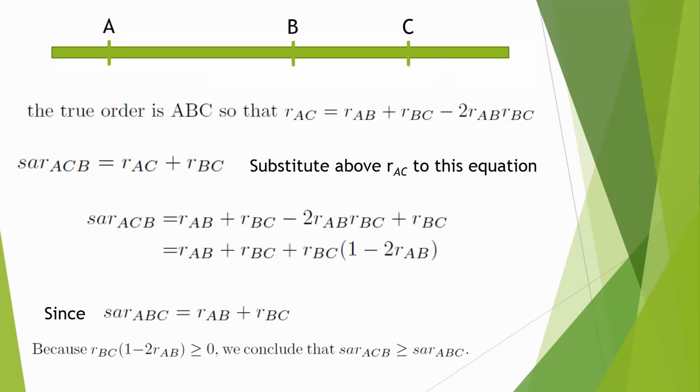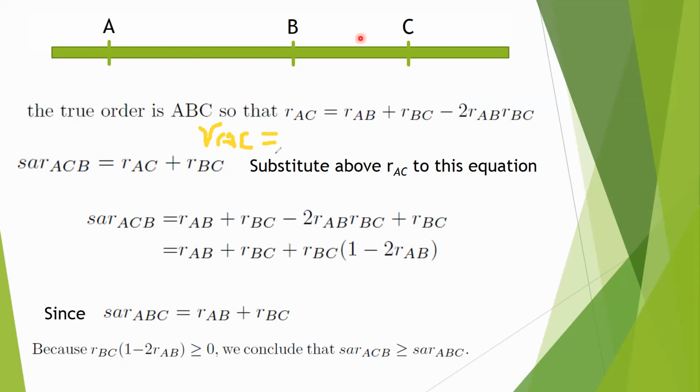Let me show you how to prove this. Suppose this is the true order, ABC, like this. We have learned this before, right? If ABC is the right order, how can we represent the RAC?